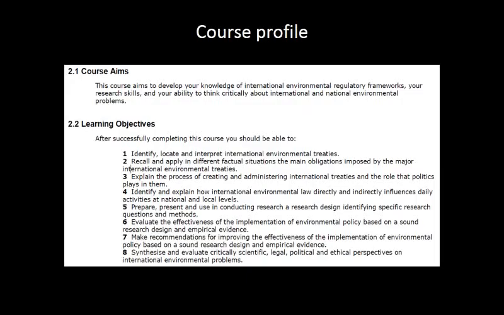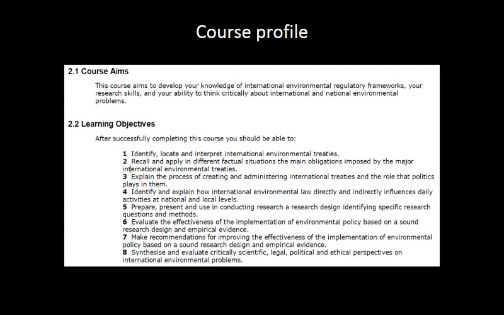Okay, let's think about the course profile. I haven't given you this in the extract, but the overall course aim is to develop your knowledge of international environmental regulatory frameworks, your research skills, and your ability to think critically about international and national environmental problems.